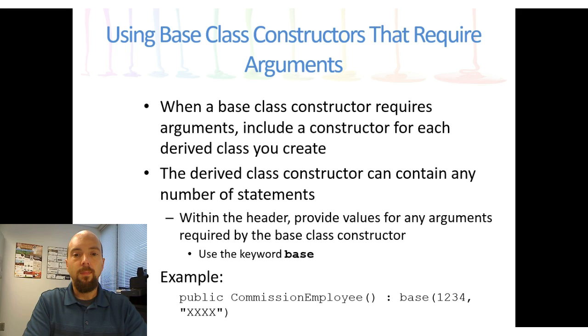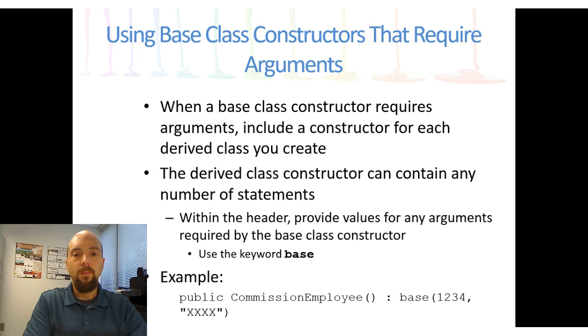So when I start using constructors with a base class and a derived class, I have to send the arguments into the derived class first. In this case, let's say my commission employee has a base salary, and in the constructor of that employee I allow my code to set that.